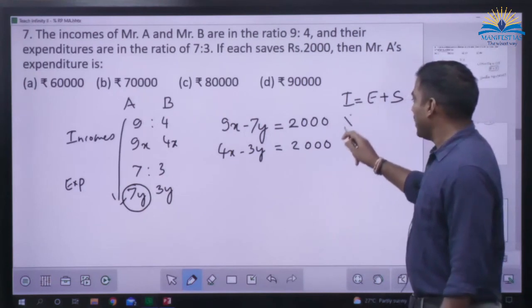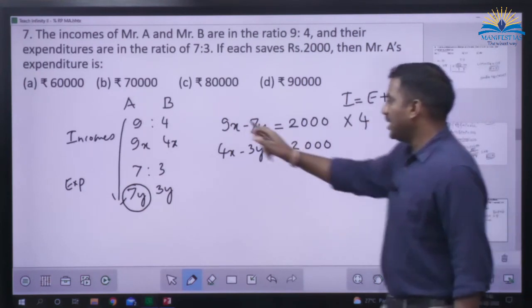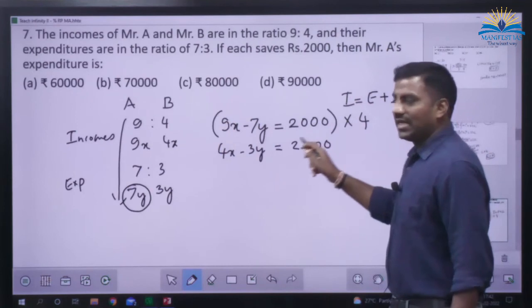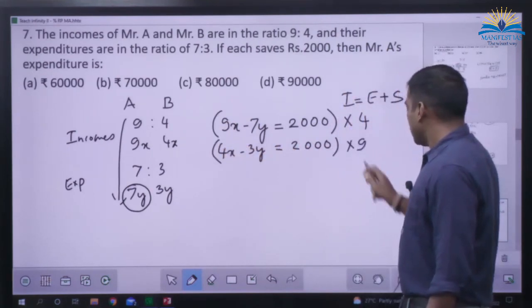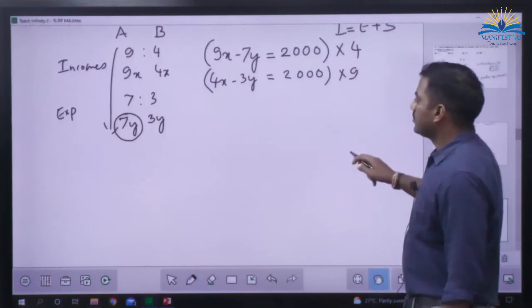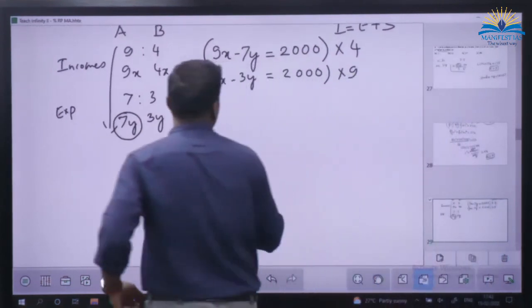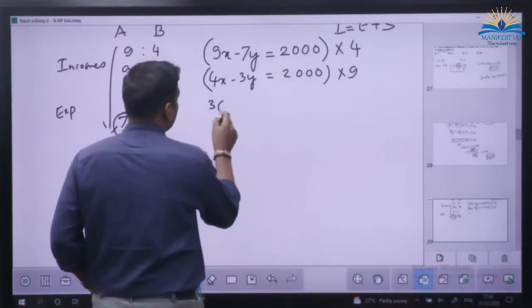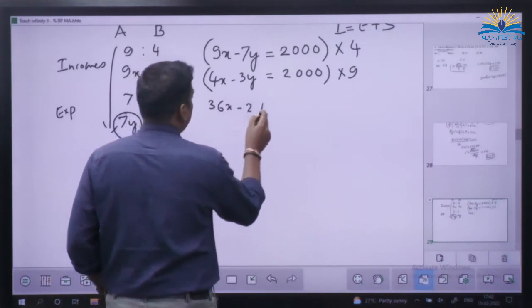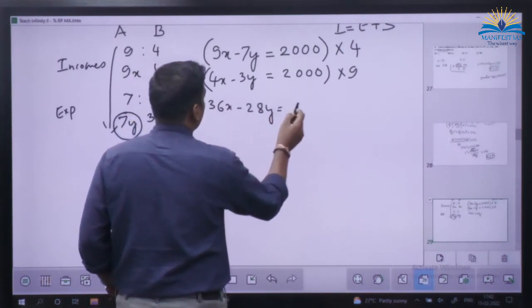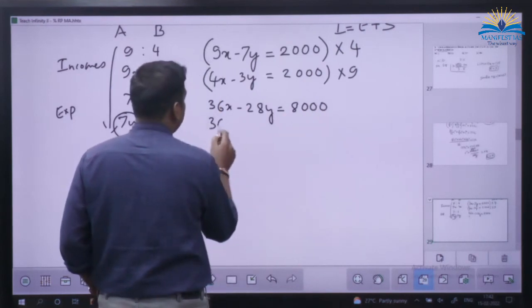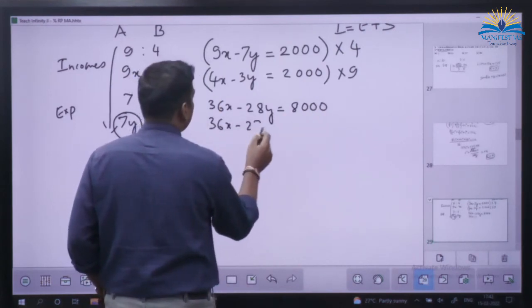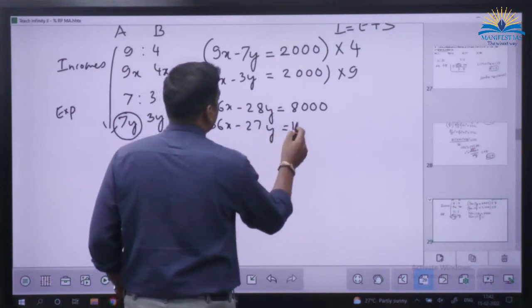So to multiply this entire equation by 4, and the entire equation here, you have to multiply by 9. Then what will you get? 36x minus 28y is equal to 8,000. 36x minus 27y is equal to 18,000.